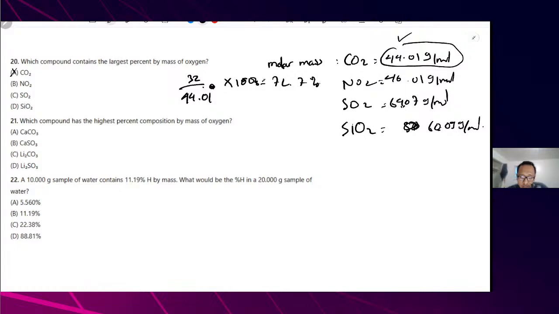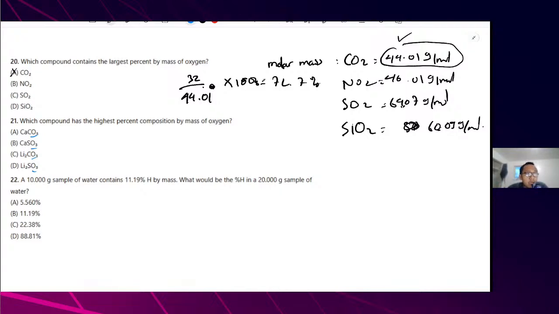Okay, so number 21. Which compound has the highest percent composition by mass of oxygen? Remember the previous concept, we need to know how many oxygen atoms are in each compound. All of them have 3 oxygen atoms, which makes this much easier to solve.